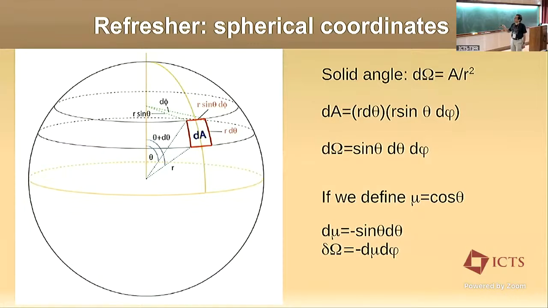In spherical coordinates you can write the small solid angle the usual way. Very often you also define cosine theta to be mu, so d mu is sine theta d theta. The whole solid angle is then d mu d phi, with a minus sign because of the derivative.